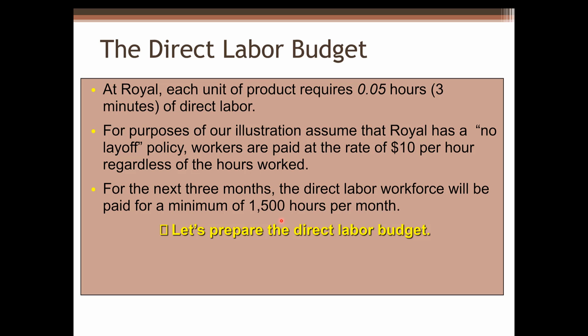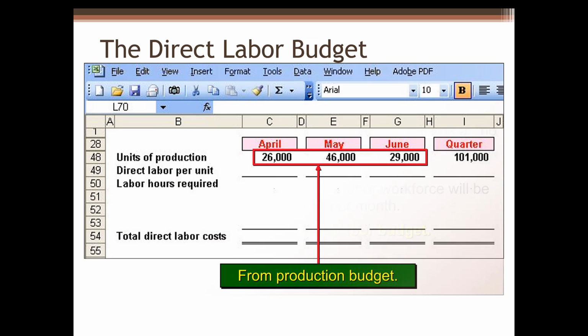Let's prepare the direct labor budget. From the production budget, we know required production in units for each month and the total for the quarter. Each unit requires direct labor 0.05 hour.